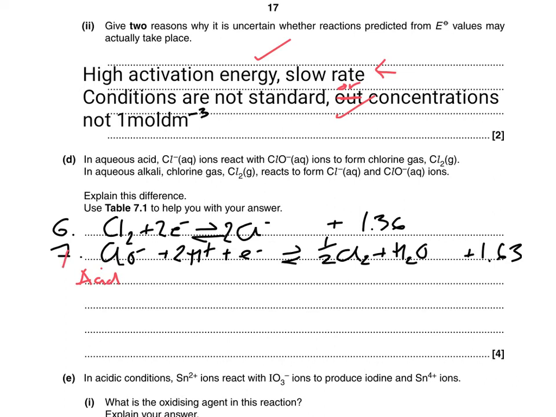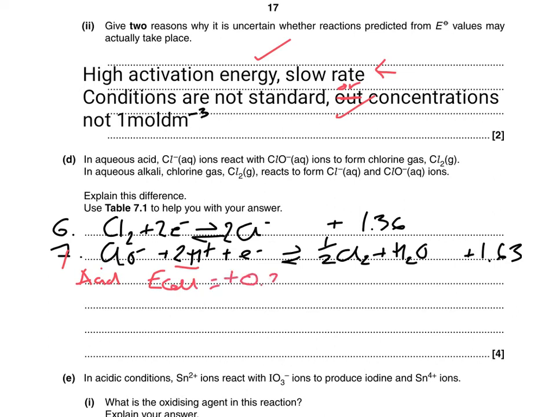So in an acid, which is kind of the situation that we've got in 7, that there's an acid present, equation 7 is greater than 6.